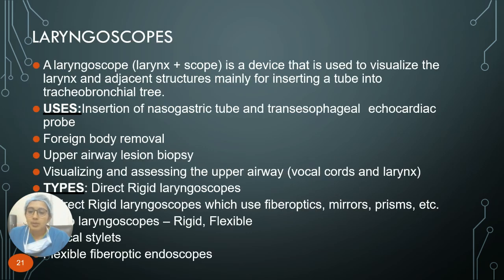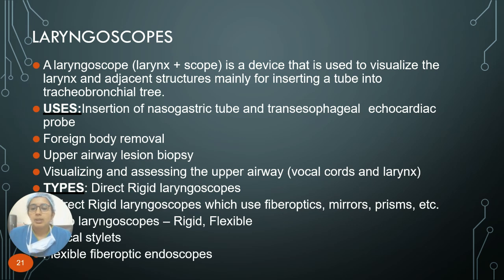Laryngoscopes. A laryngoscope is a device that is used to visualize the larynx and adjacent structures, mainly for inserting a tube into the tracheobronchial tree. Other uses include insertion of nasogastric tubes or Ryle's tubes, foreign body removal, upper airway lesion biopsies, and visualizing and assessing the upper airway, vocal cords and the larynx.